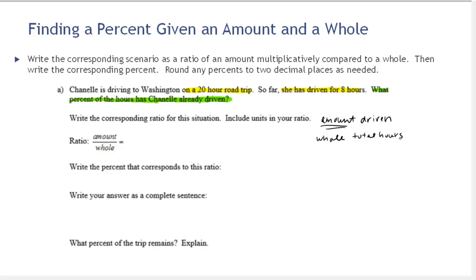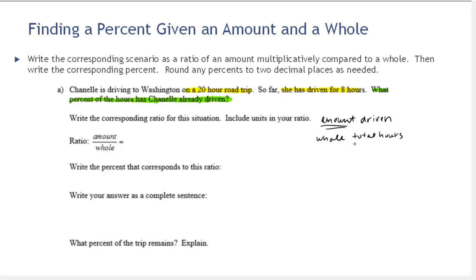Okay, so usually the whole is followed by of the, so here we have percent of the hours, and of the hours in this case is referring to all the hours of the trip. And then you usually have a statement that's referring to the amount. So Chanel already driven, so that's the amount she's already driven multiplicatively compared to the total number of hours.